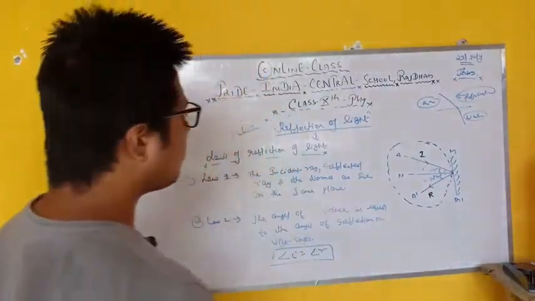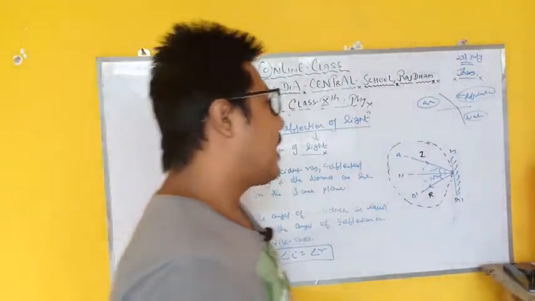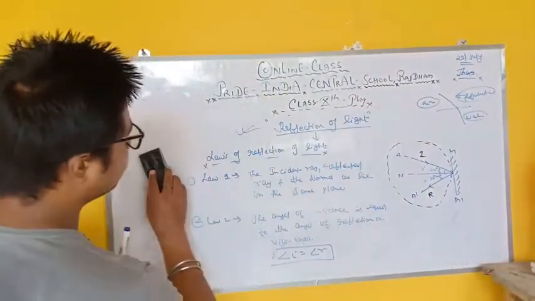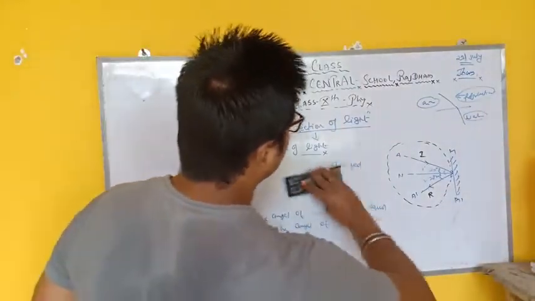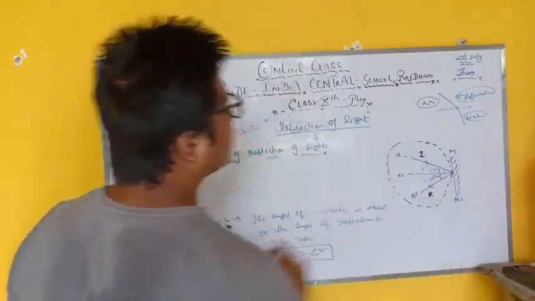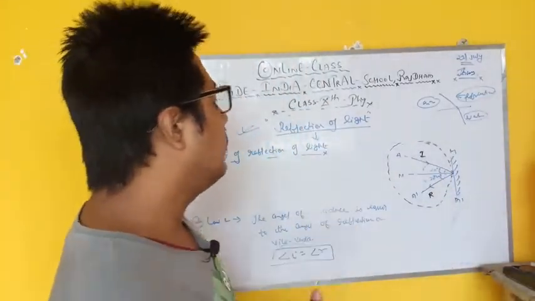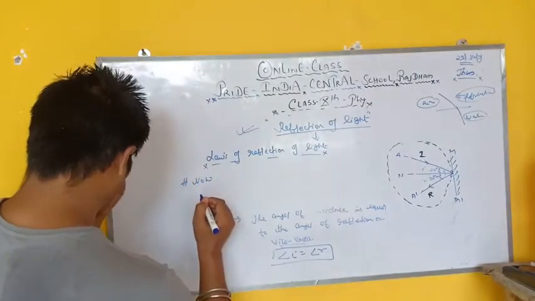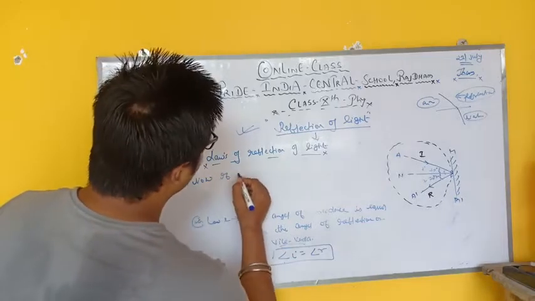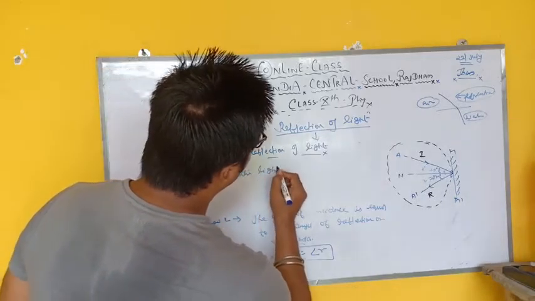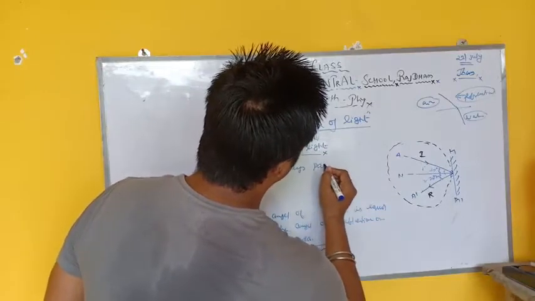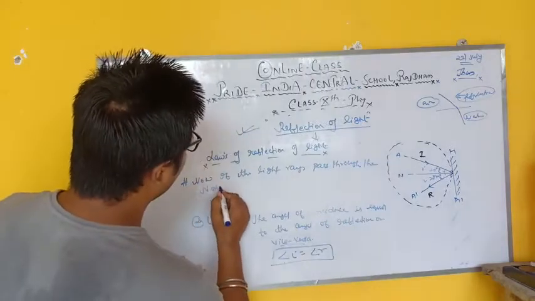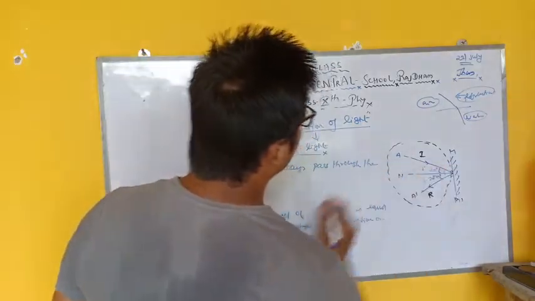Now, if the light rays pass through the normal, what will be the situation?